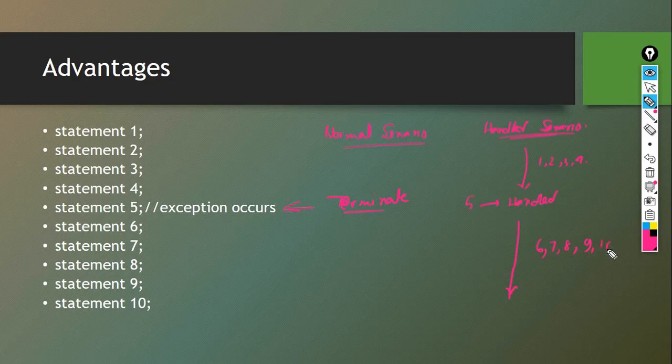So all the statements are going to execute. This is the advantage of exception handling. That means your program will not end abruptly, and it will execute until the exit statement is found in your program.